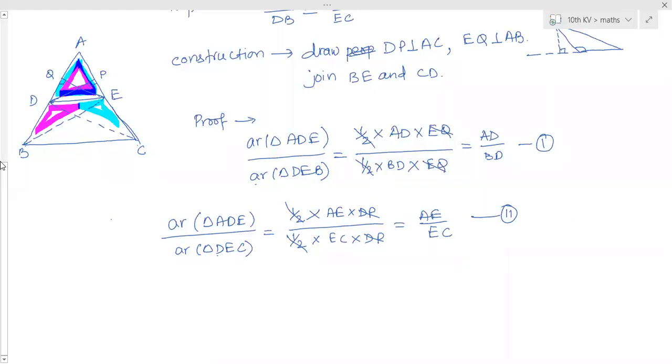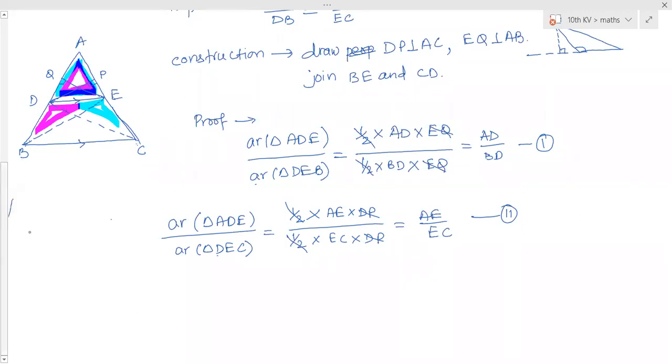Ma'am, they lie on the same base between the same parallels. Yes, exactly. So DEB and DEC are both on the base DE and between the same parallel lines, that is DE parallel to BC. Therefore their areas are equal. This was in last year's chapter, area of parallelogram.